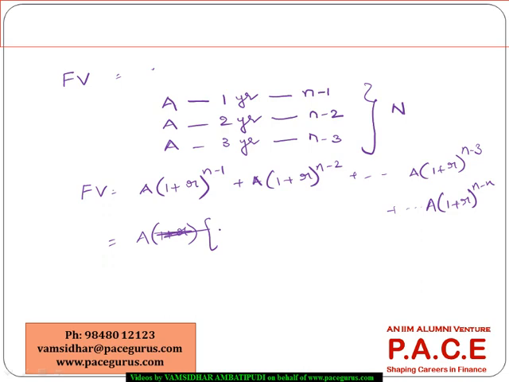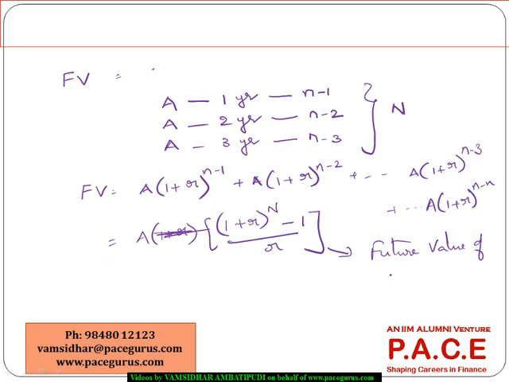So if I am taking out (1+r)^(n-1) plus (1+r)^(n-2) and so on, we can use the geometric progression formula, the sum of n terms of a geometric progression, which comes out as A[(1+r)^n - 1]/r. So this particular thing is what we call the future value of annuity, the future value of annuity factor.